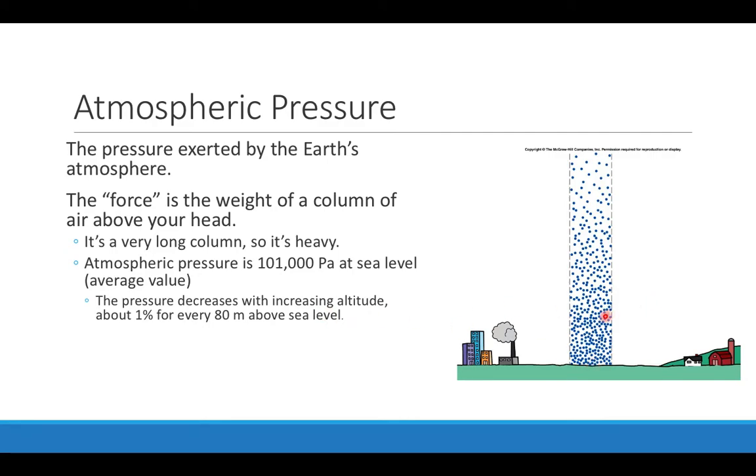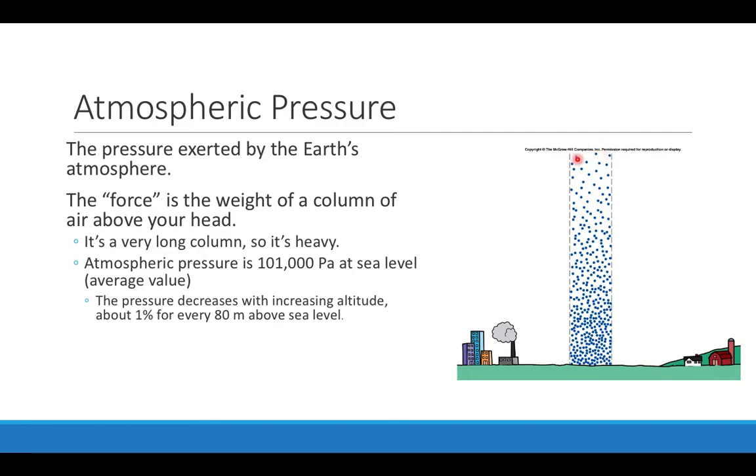So even though air is not very dense, a volume of air is very light compared to a volume of water, for example, it still is a very heavy weight coming down because that column that goes all the way up into the atmosphere is very long.